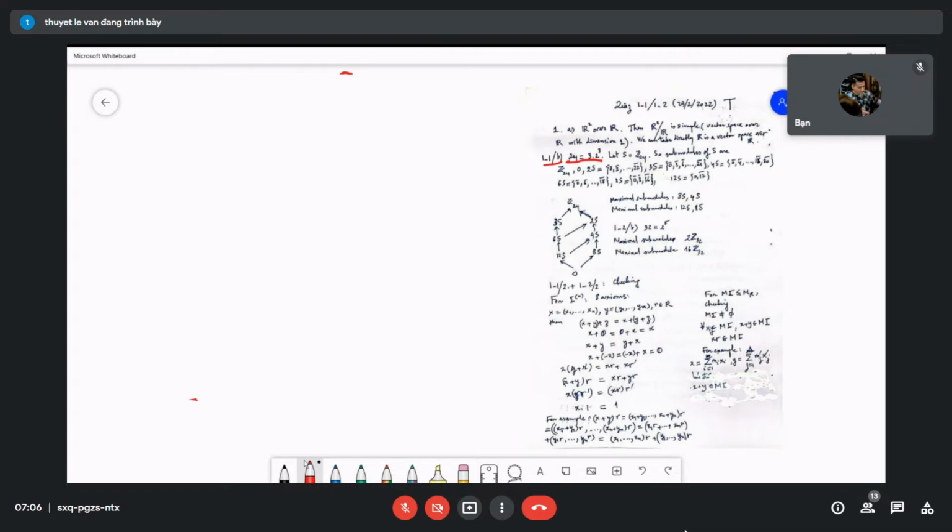So in this case, you can know the divisors of 24. You can take the divisors of 24: 24, 1, 2, 3, 4, 6, 8, and 12.